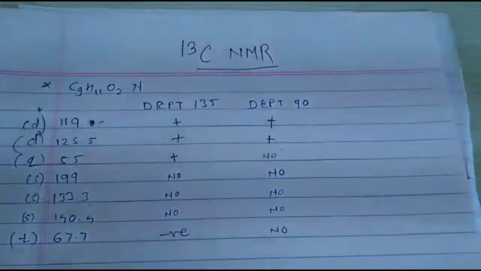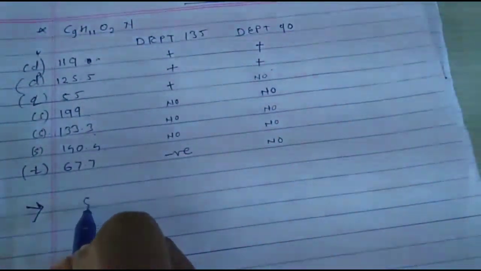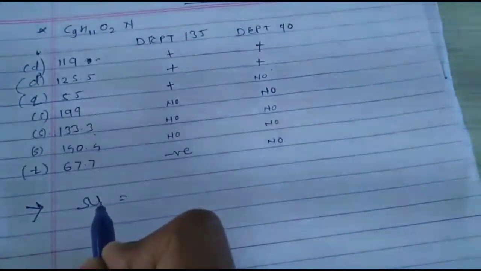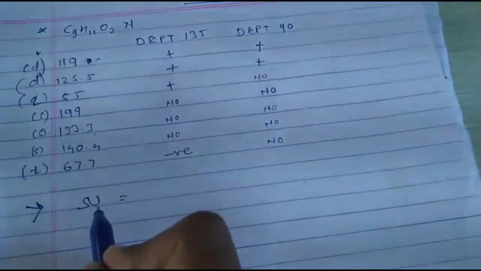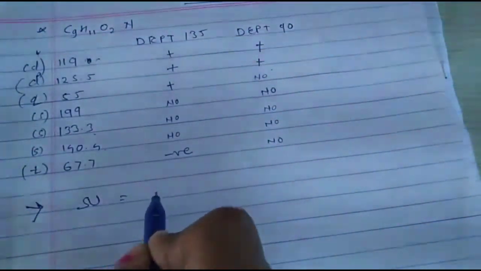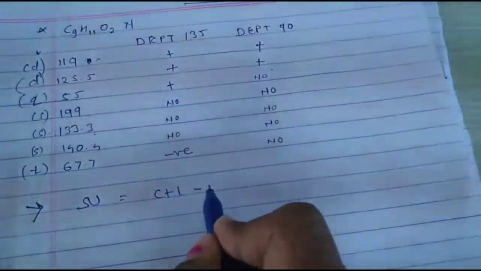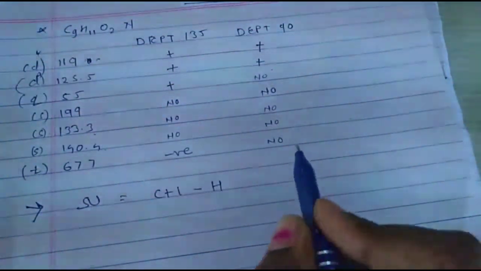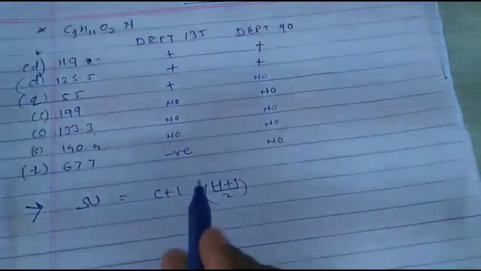So let's start. First of all, find out the sites of unsaturation, which is equal to C plus 1 minus H plus 1 divided by 2. Why? Because nitrogen is present.